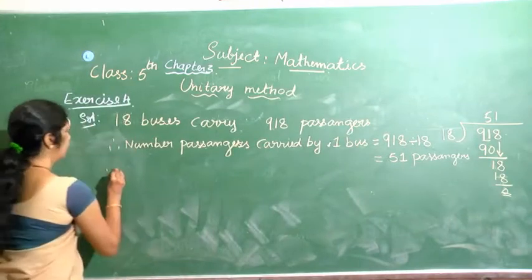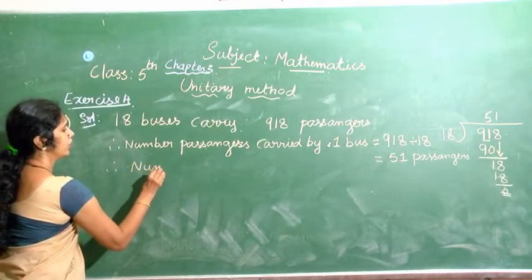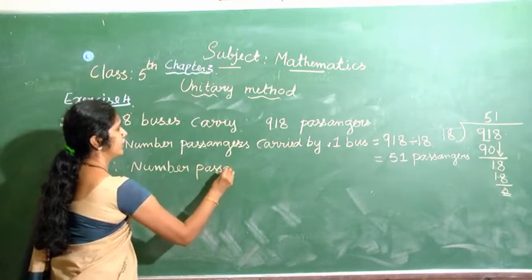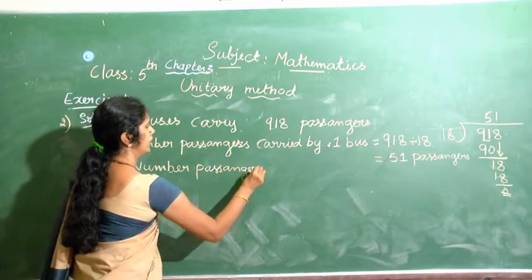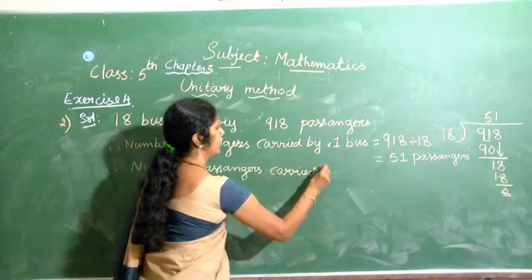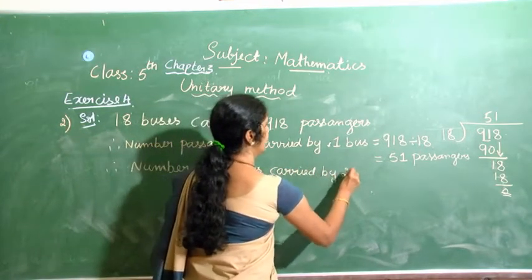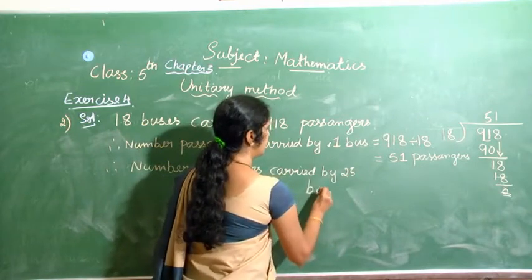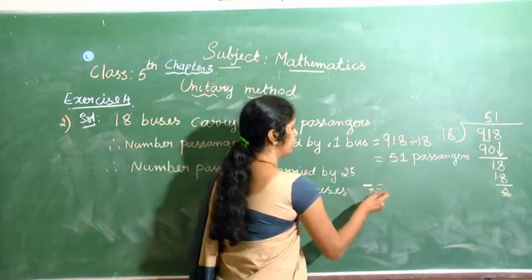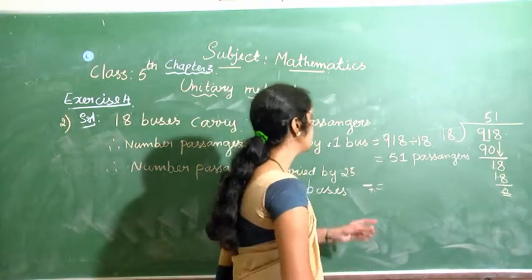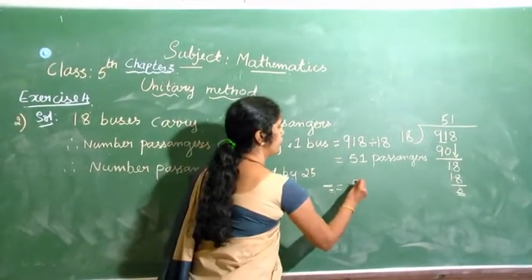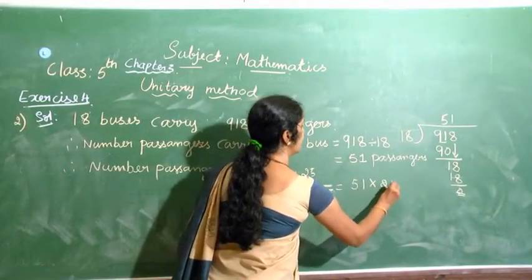Therefore, the number of passengers carried by 25 buses. So, for that, what I should do is multiply 51 into 25.